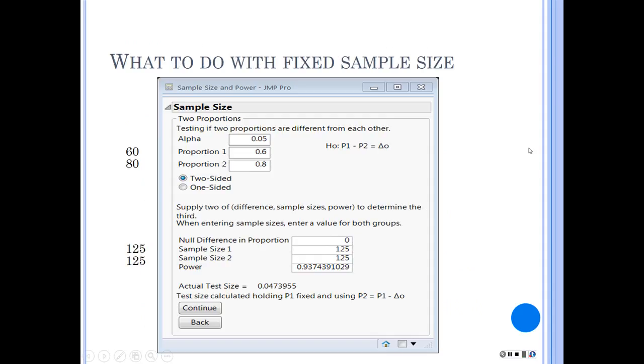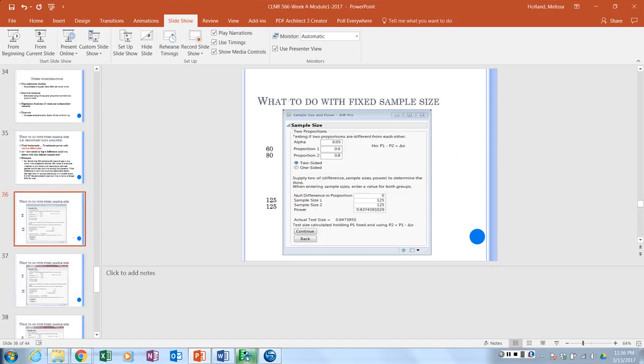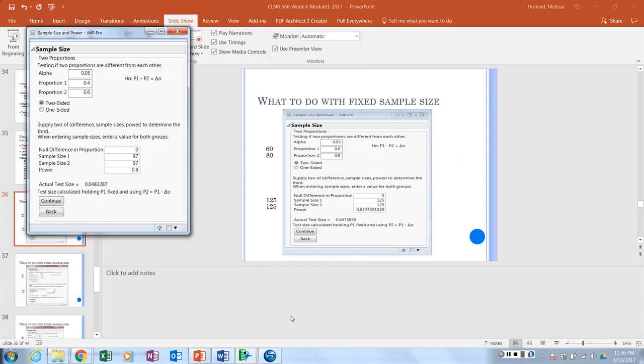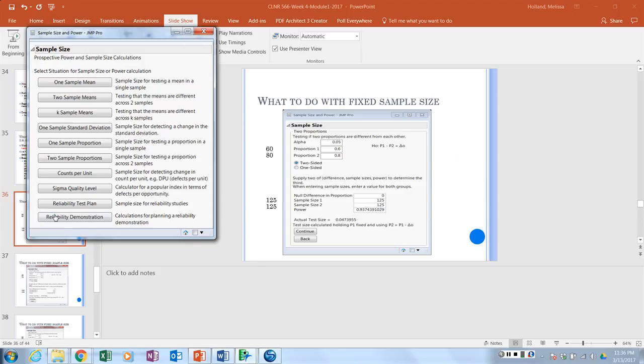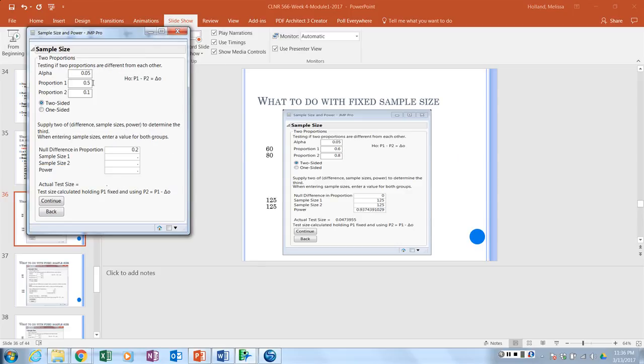You can see that I've already worked in there with regards to the calculator, but I'm going to go ahead and pull them up again so that you can see. I'm going to go back so it clears everything out. I guess it doesn't clear it out, but here I have my proportions. So I know that proportion 1 for men is going to be 0.6.